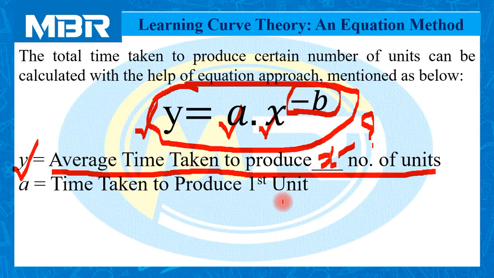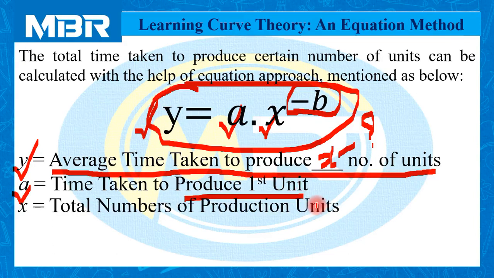Then the second factor, A, equals time taken to produce the first unit of production. Then X, the total number of production units.